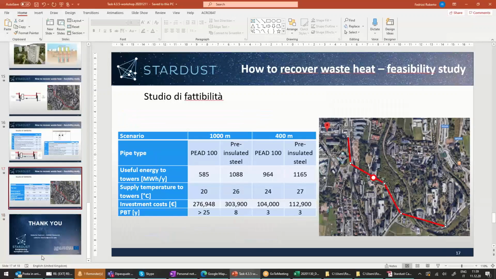Indeed, there are different business models. We have practical cases, not in Trento, in which the company is open to provide waste heat for free to the network, because dumping waste heat into the network is more convenient for them in terms of saving electricity for the chillers than dumping waste heat into air.